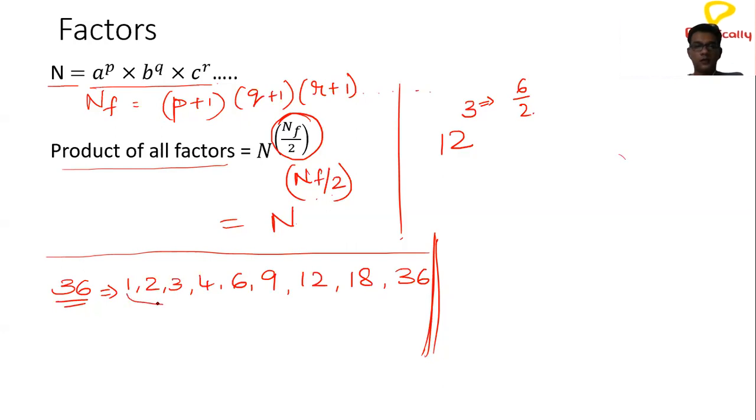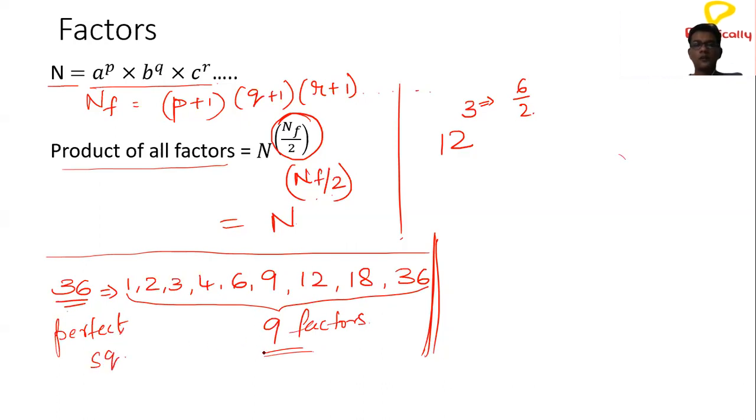You see here that the number of factors that you see in your hand is 9 factors. Why is this an odd number? Because 36 is a perfect square. And that's why this is an odd number. If I use the same concept of n to the power of number of factors divided by 2, this is going to be wrong.